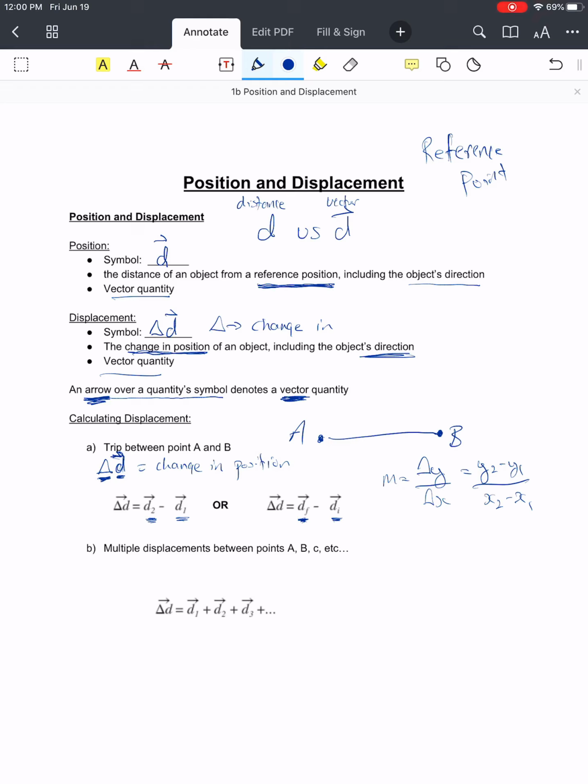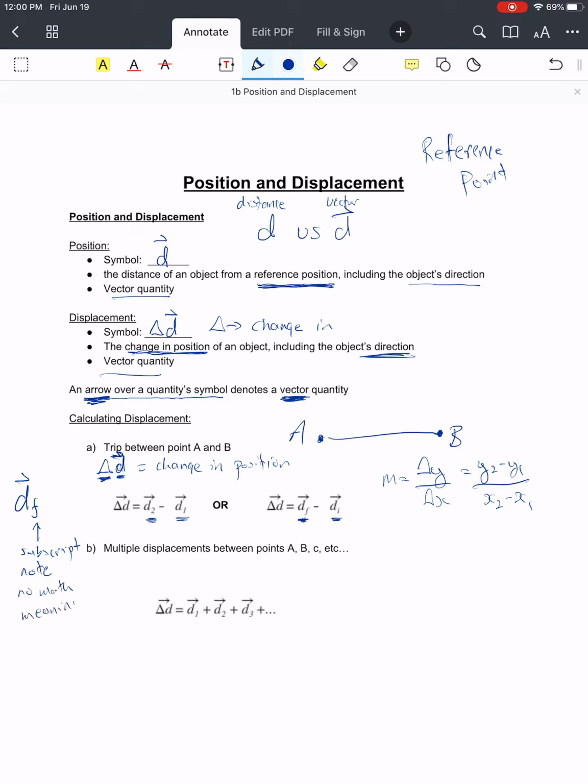Now it's important to note that these subscripts, so if I have DF, F is a subscript, all it is is a note. It's like, okay, this is position, but this is my final position. It actually has no mathematical meaning.